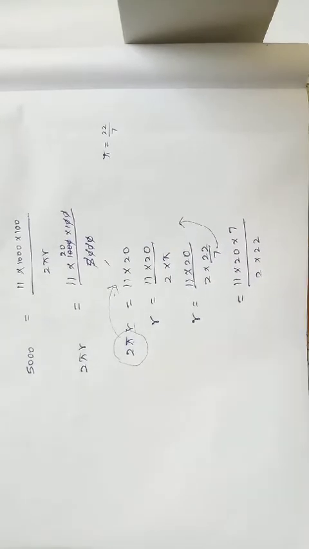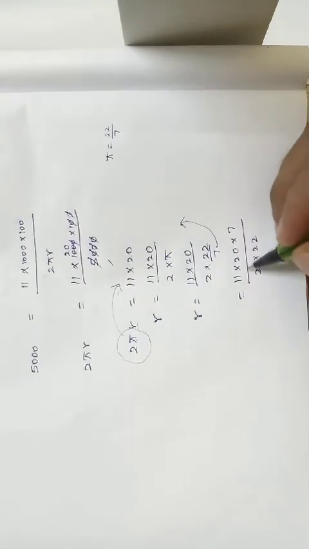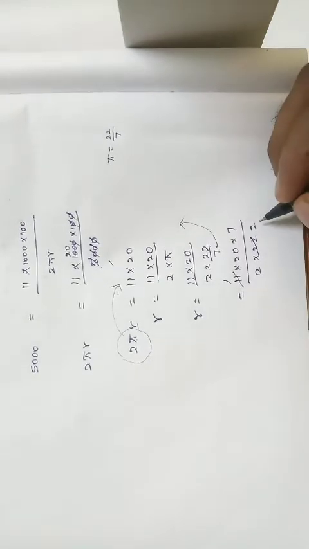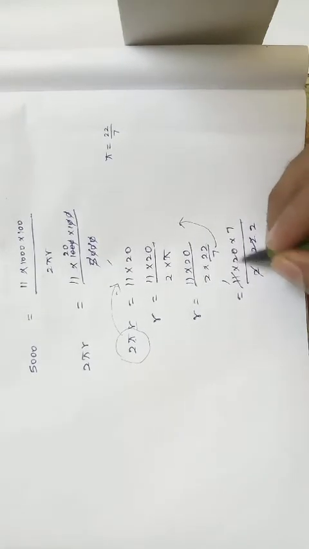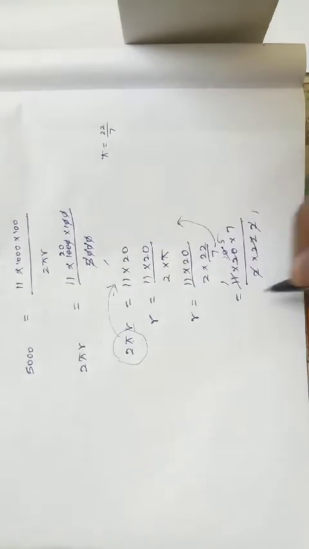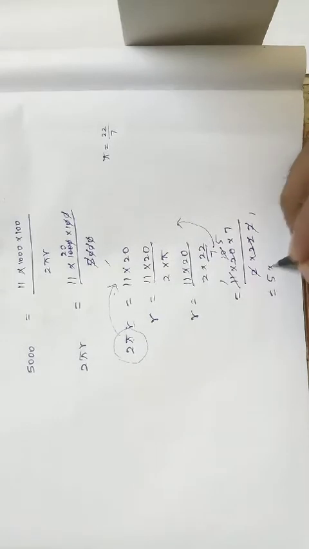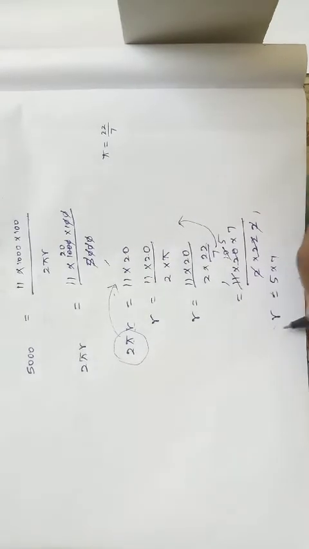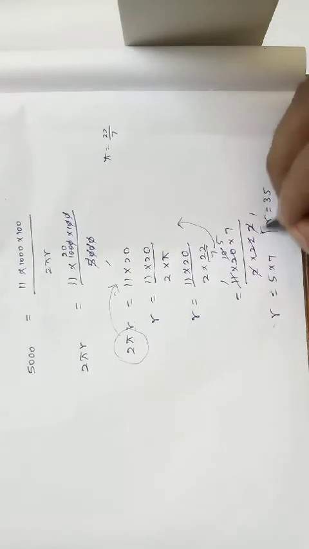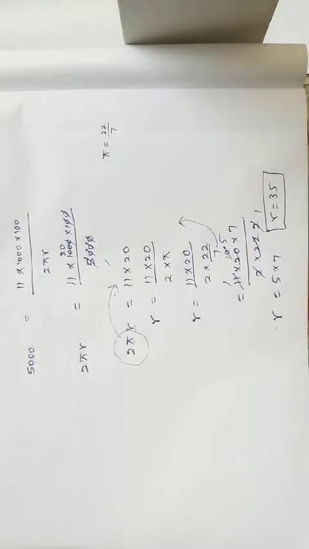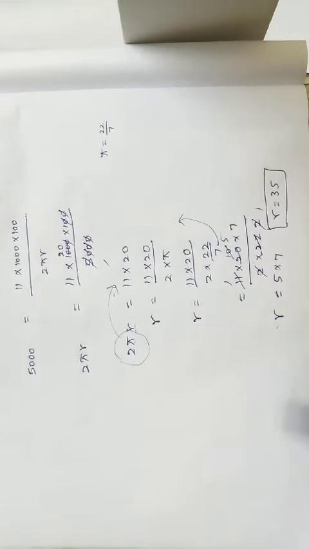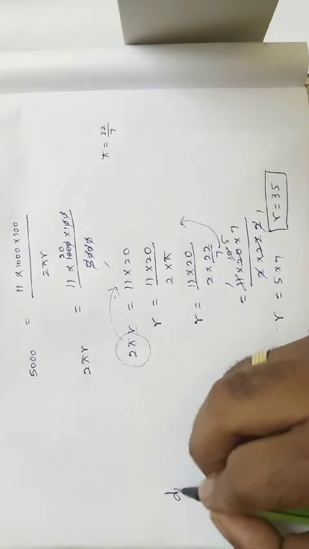Is it possible to simplify? Yes. 11 1 is 11, 11 2s are 22. Still we will simplify: 2 times 10, 2 times 5... So what is remaining? 5 into 7. So r is equal to 35. But what we want to find? Now we want to find the diameter, that is 2 times the radius.